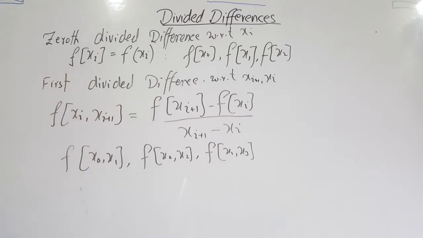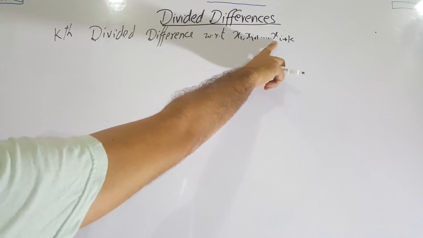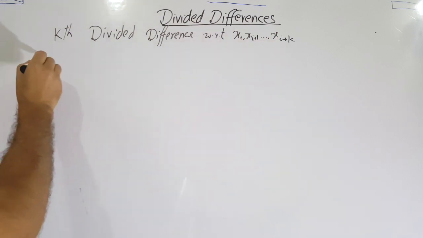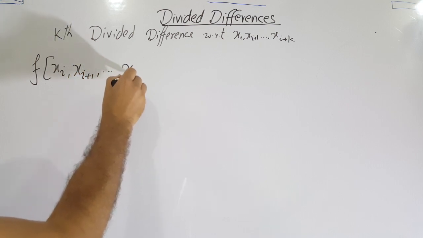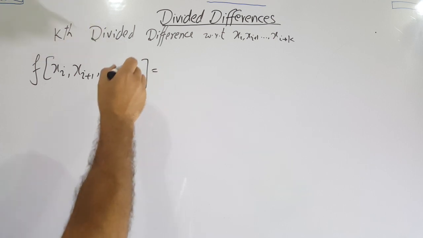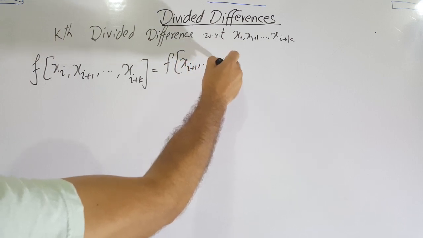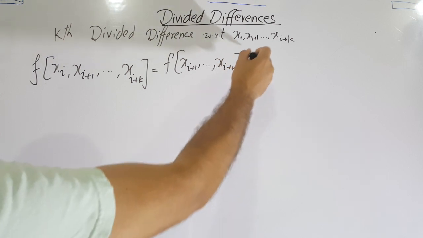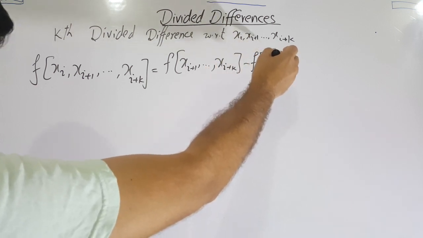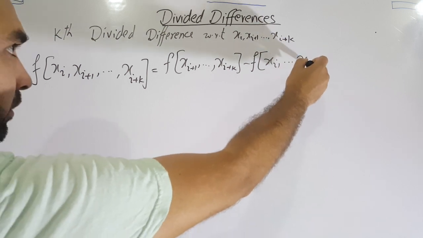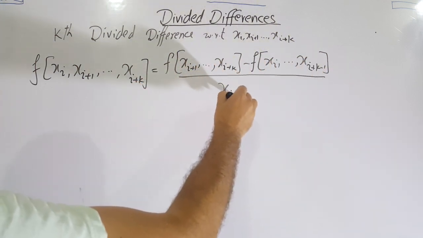So the kth divided difference with respect to xi plus 1 up to xi plus k is given by f of xi plus 1 up to xi plus k minus f of xi up to xi plus k minus 1, divided by xi plus k minus xi.